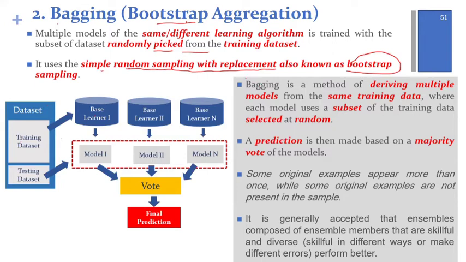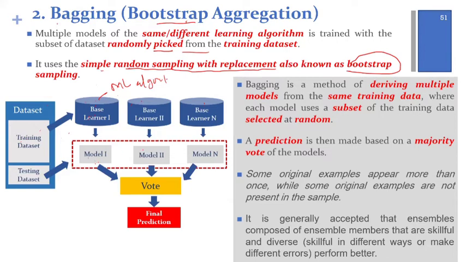Once we generate different resampled samples based on sampling with replacement, we have a training set for base learner 1, base learner 2, base learner 3. Once you add data plus base learner, which is a machine learning algorithm, the outcome of data plus algorithm is what we call a model.